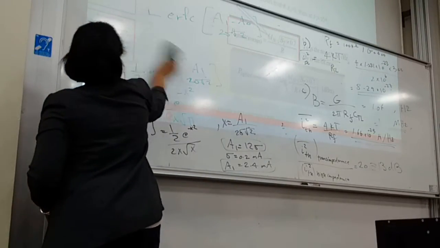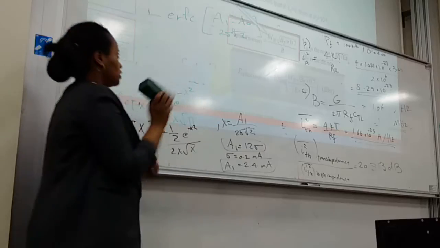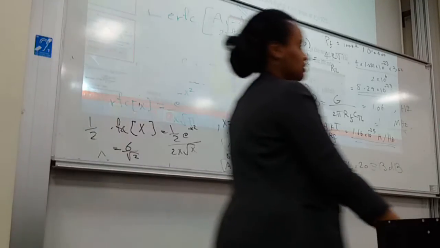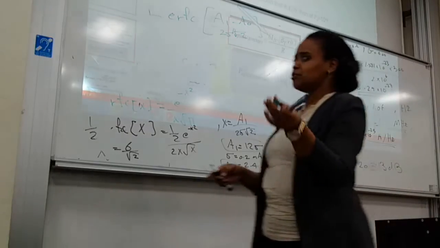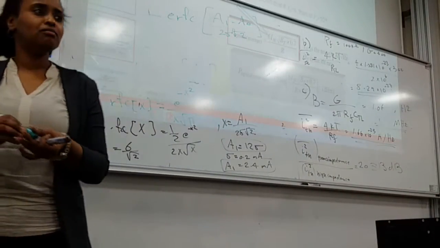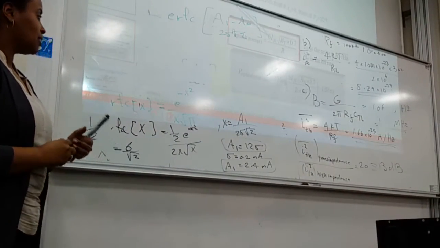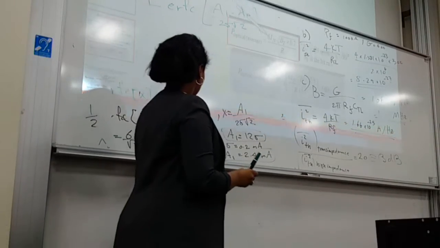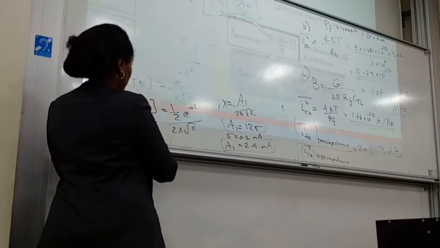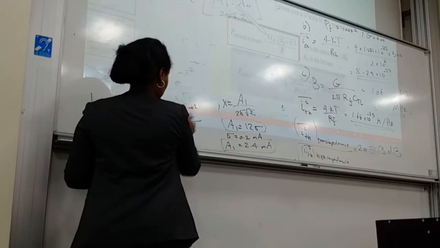One second. Should I write it again or be able to copy it from your colleague? It's 2x times square root of pi, not 2x square root of x. This one? No, the square root of pi. Here? Yeah.